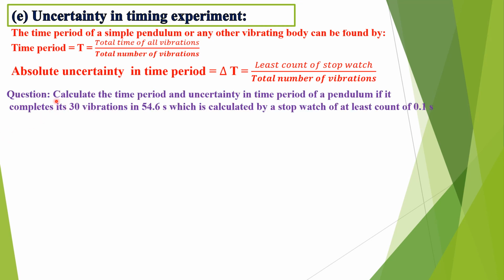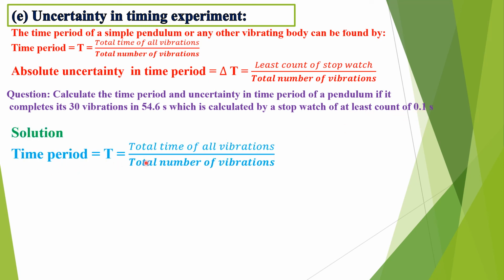Let's see an example. Calculate the time period and uncertainty in time period of a pendulum if it completes 30 vibrations in 54.6 seconds, measured by a stopwatch of least count 0.1 second. Solution. We know that time period T is equal to total time of all vibrations divided by total number of vibrations.